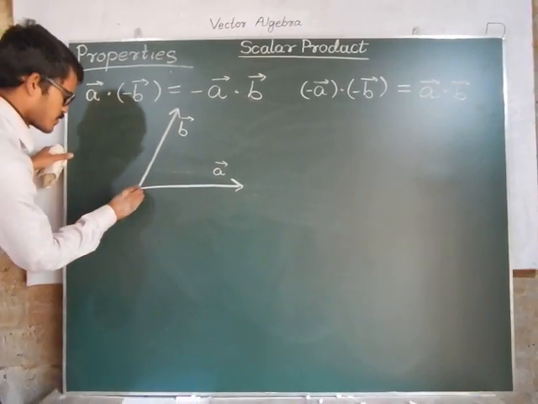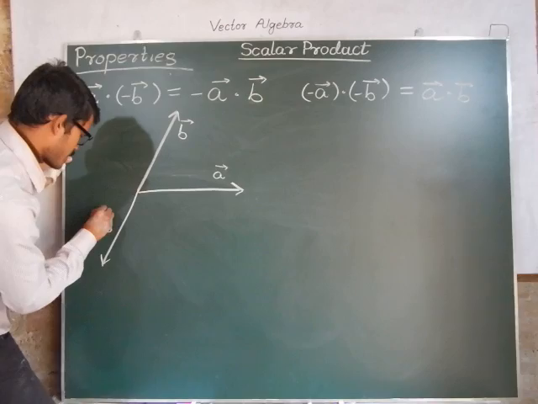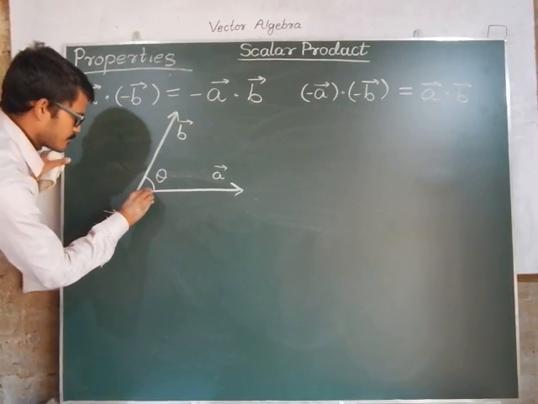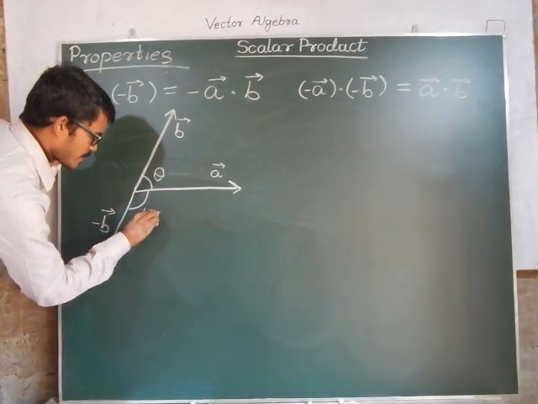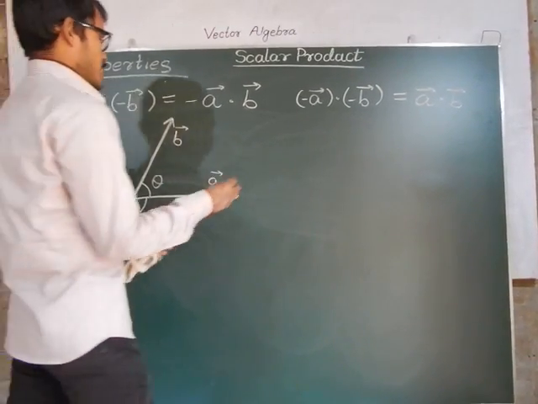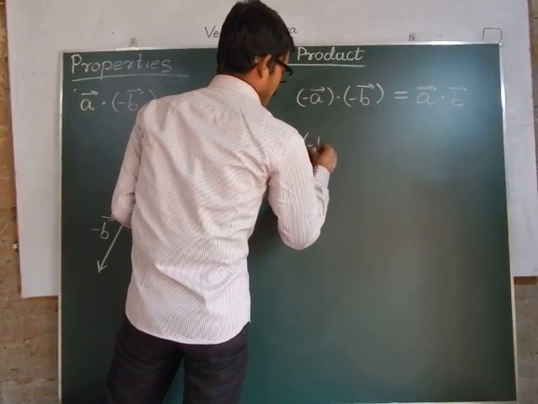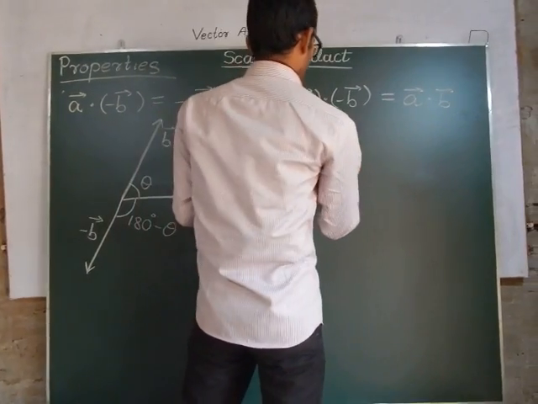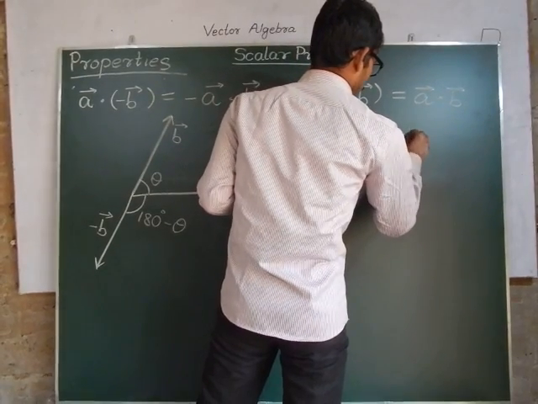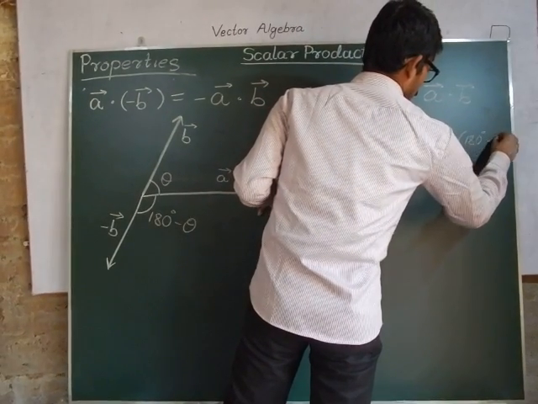Minus B will be the minus B vector, meaning having the same length but opposite direction. If theta is the angle between A and B, then 180 degree minus theta will be the angle between A and minus B. If we want to calculate A dot minus B, then from the definition we can write magnitude of A multiplied by magnitude of minus B into cos of 180 degree minus theta.